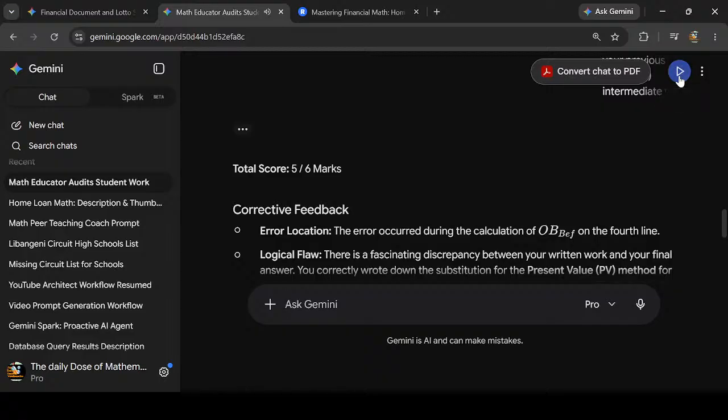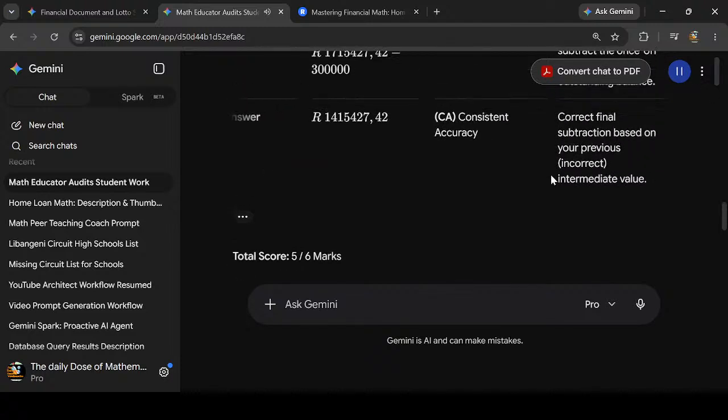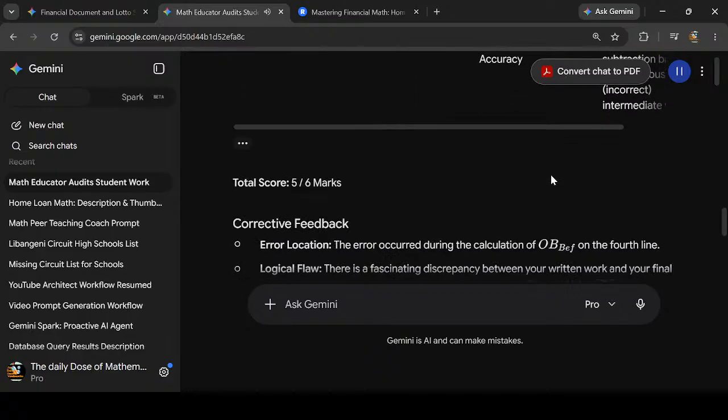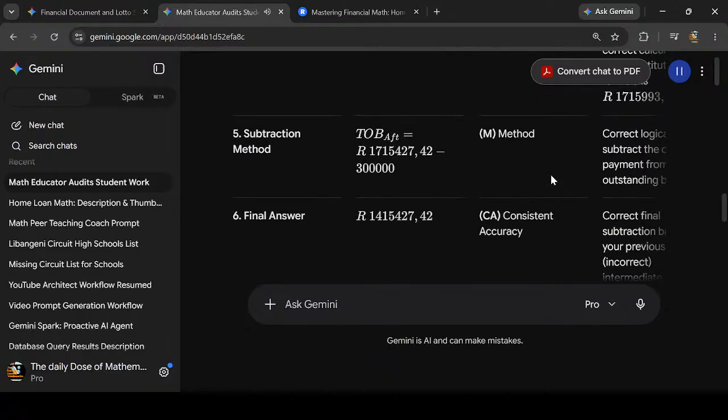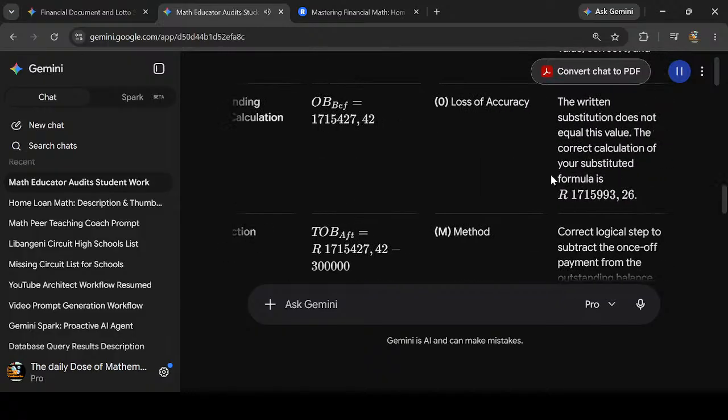Step 4, outstanding balance calculation: OB before equals R1,715,427.42. Loss of accuracy. The written substitution does not equal this value.